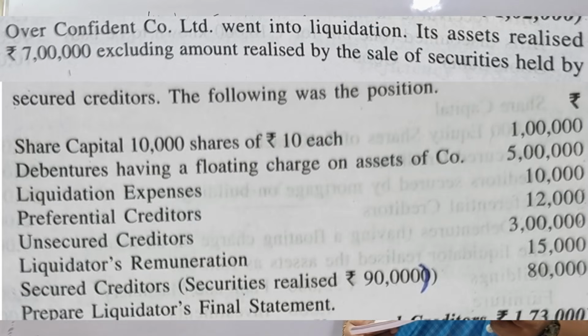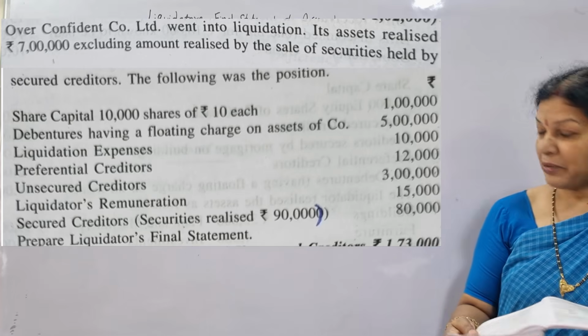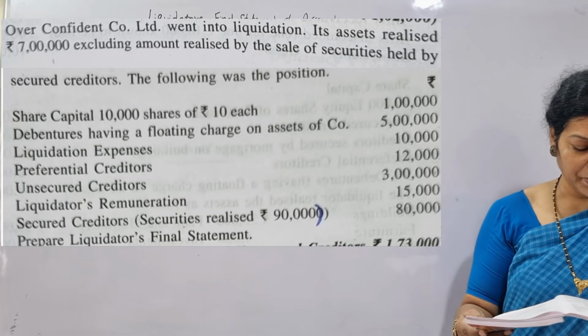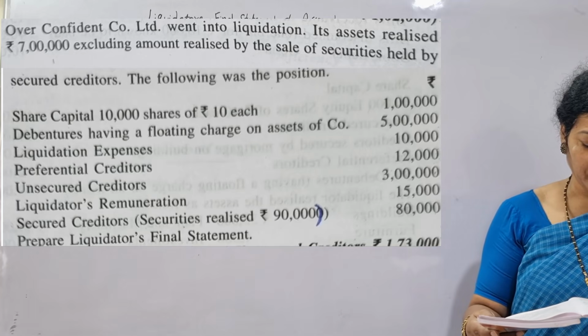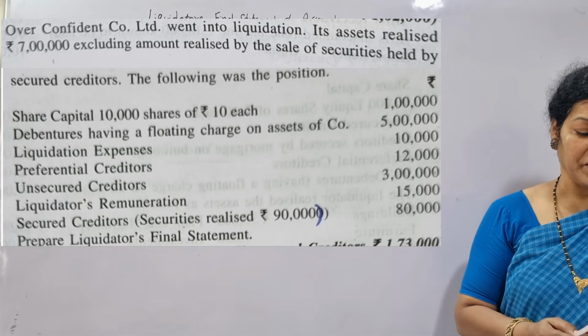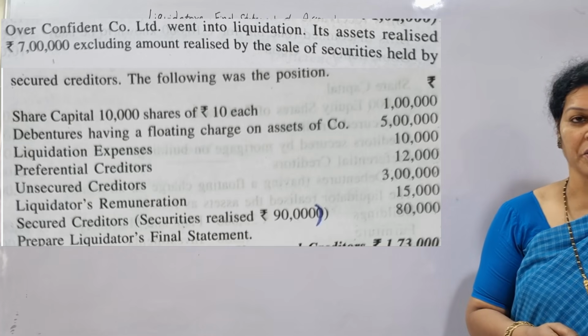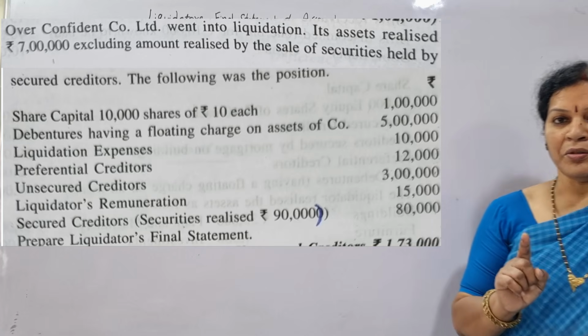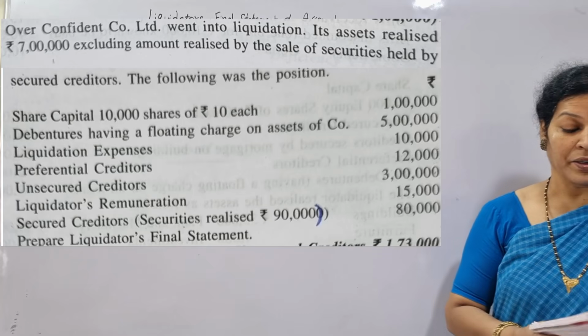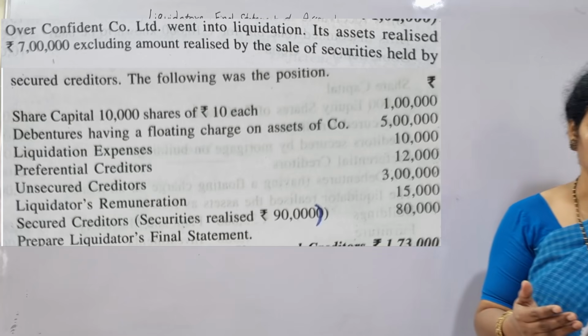The problem says that Overconfident Company Limited went into liquidation. Its assets realized 7 lakh rupees, excluding the amount realized by the sale of securities held by secured creditors. The following was the position. So this company got assets realized of 7 lakh rupees total. And what are the payments to be made?